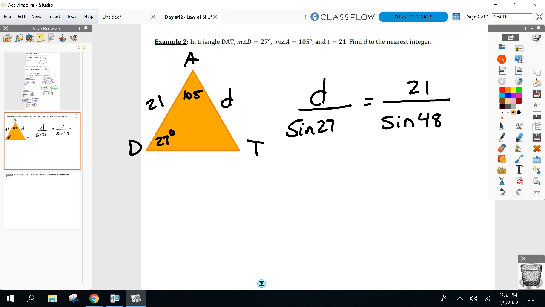All right, go ahead. Cross multiply. Sine of 48 times D equals 21 times sine of 27. And then divide both sides by sine of 48.